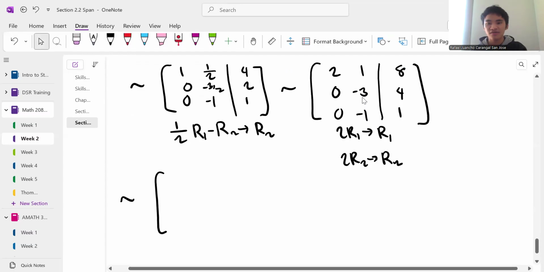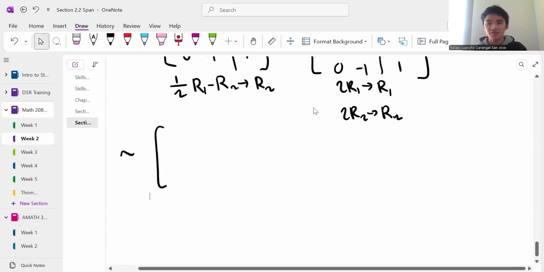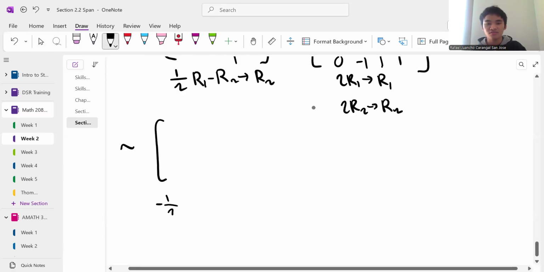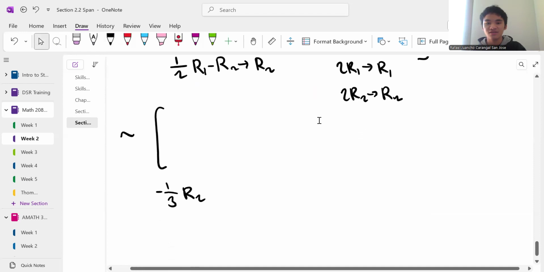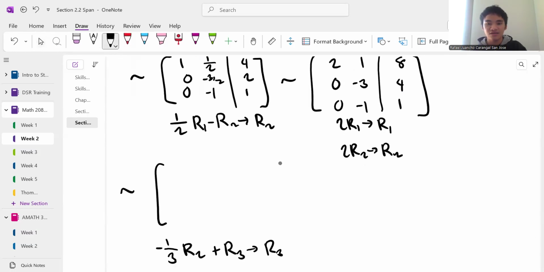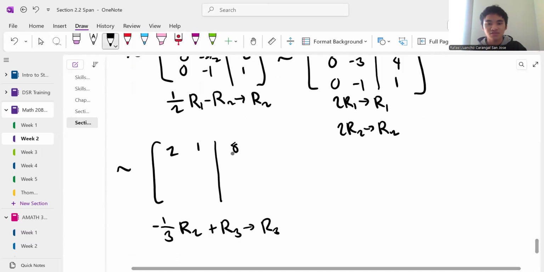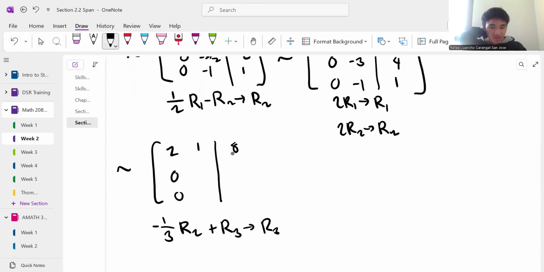So here we have, what can we do? We can multiply by a third to R2. That would give me a positive 1. Then I add it to R3, then put that in R3. Then I can do this. 0, 0.